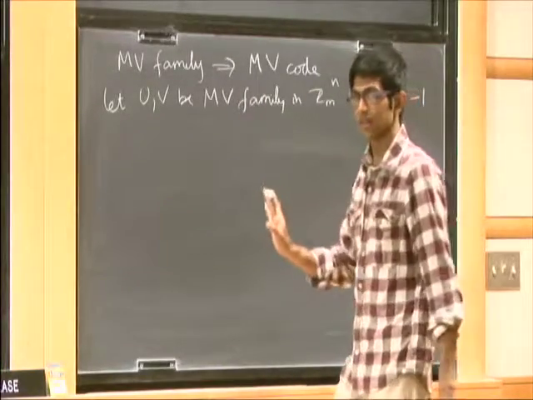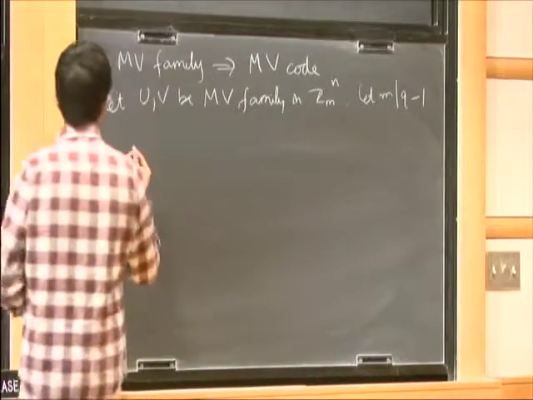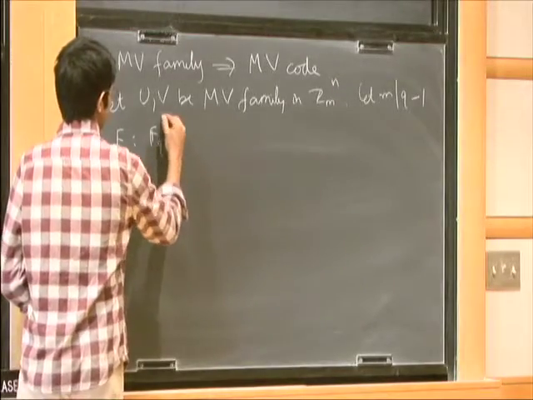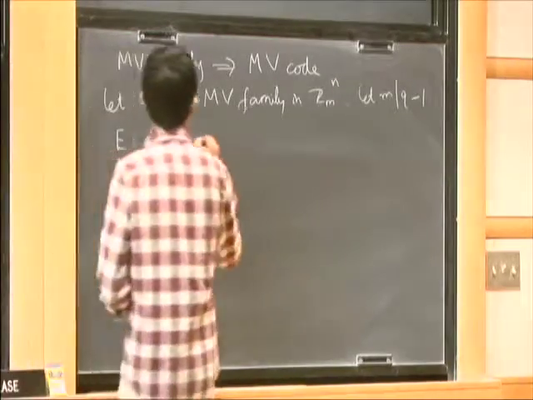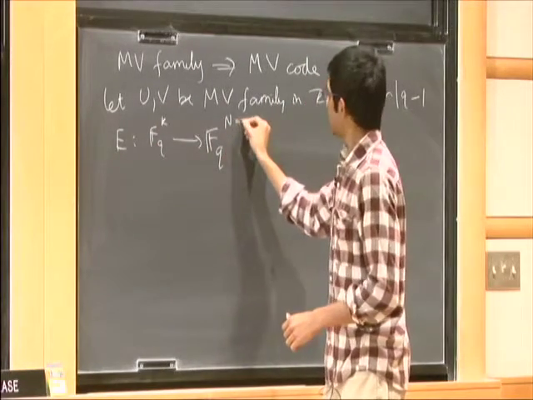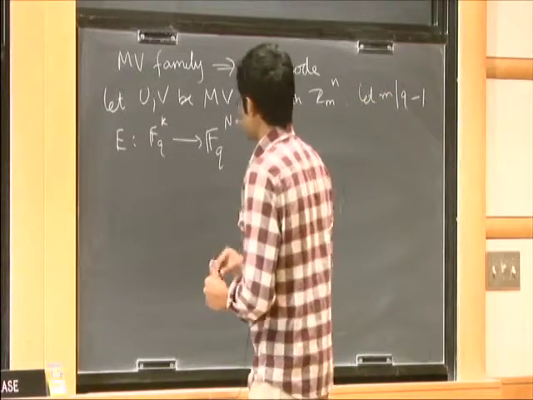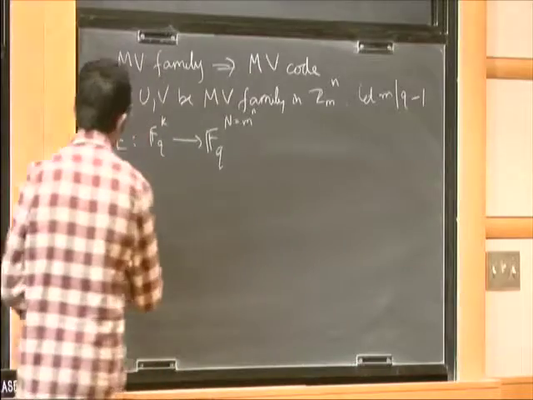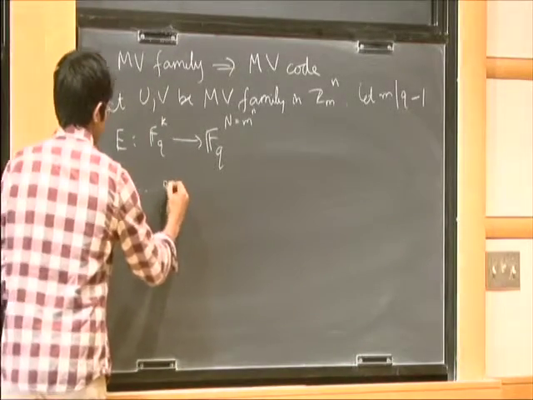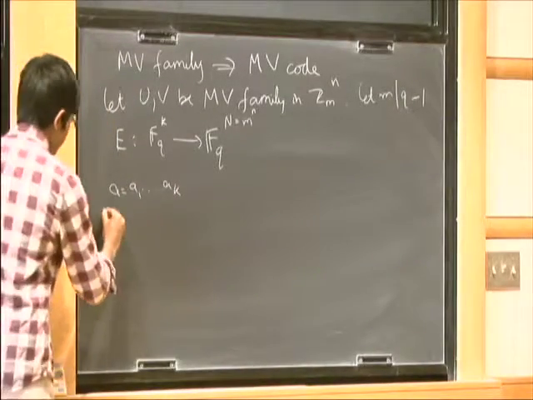R is still R. Now we'll come up with an encoding function that takes a message in F_q^k and spits out a codeword in F_q^N, where N equals m^n. So how does it go? Let's say you have a equals a_1 through a_k.